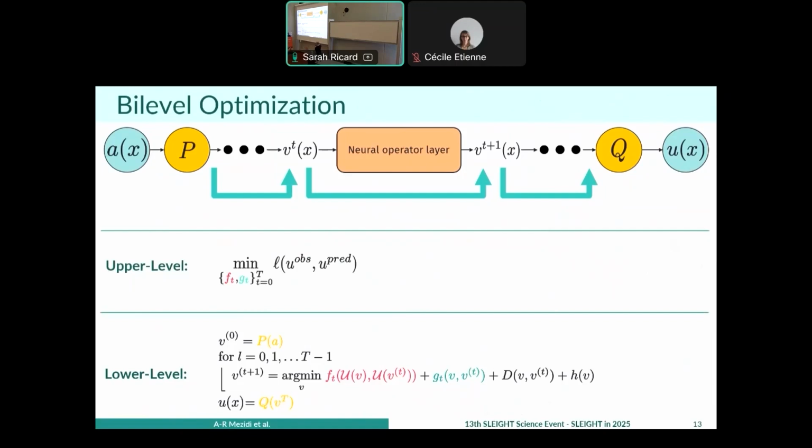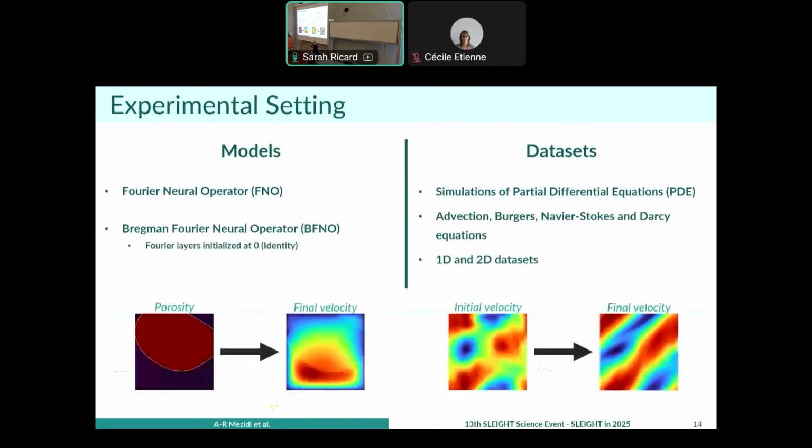We call this optimization problem the upper level problem. Both of these problems compose what we call a bi-level optimization problem. So by training our neural operators, we are solving this bi-level optimization problem.